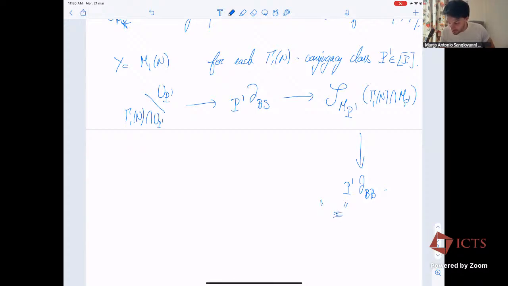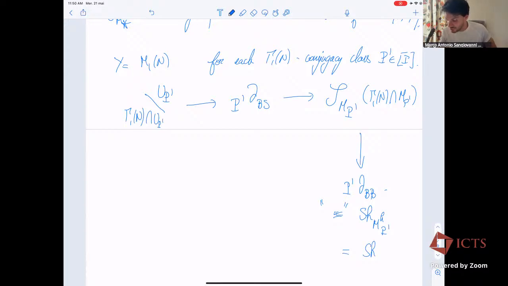It's not exactly equal, but up to a finite map, this is equal to a Shimura variety, the Shimura variety for the Hermitian part of the Levi for P prime, which is just G_m.